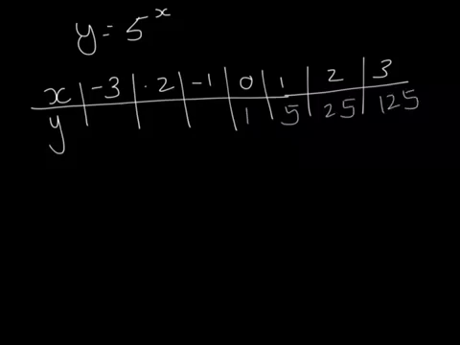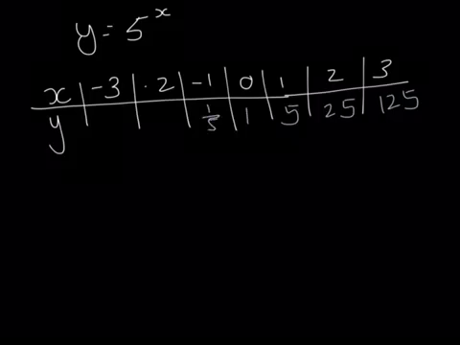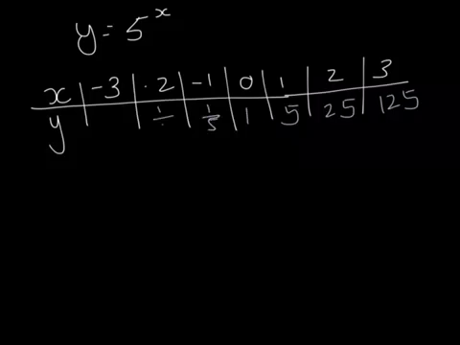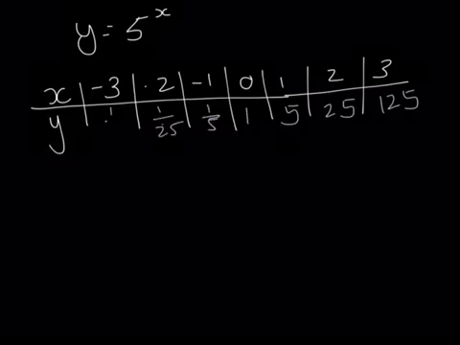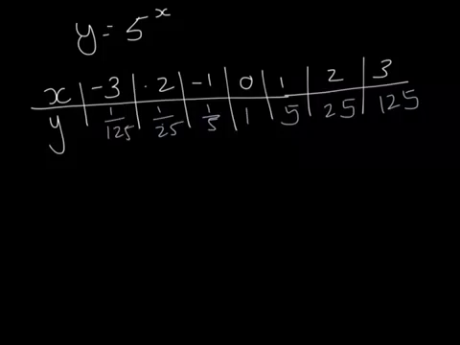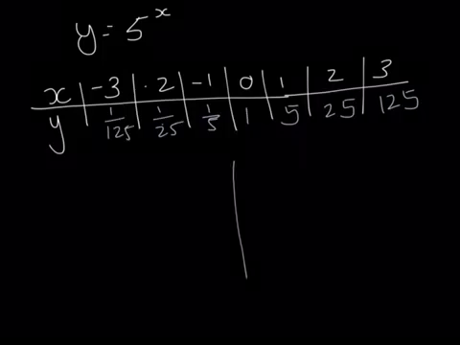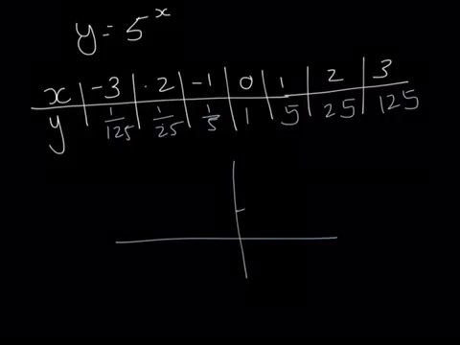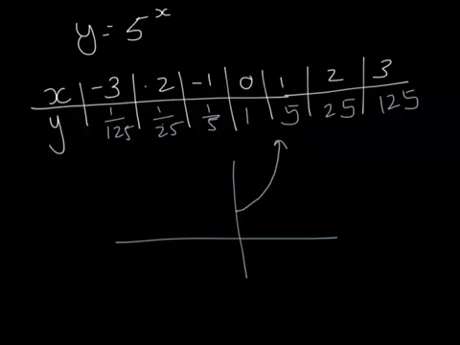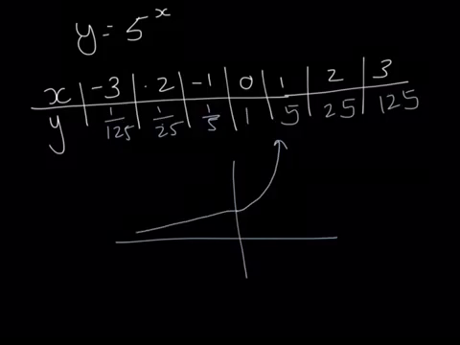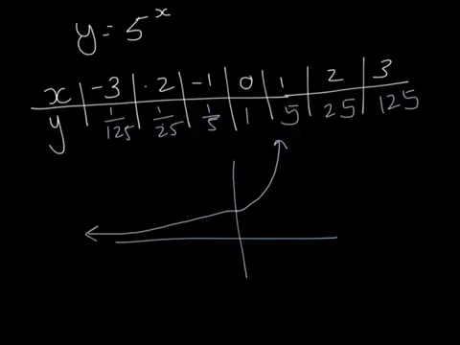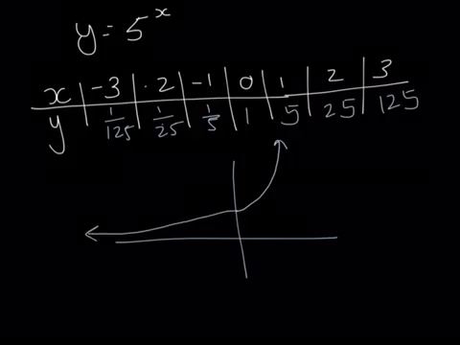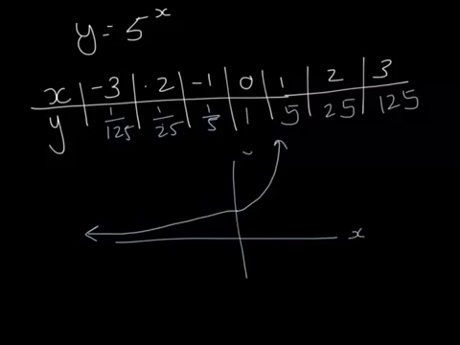And here I will have a fifth, 1 over 25, and 1 over 125. So just like my previous function, I know it will go through the point (0, 1). It will grow quite quickly, in fact much steeper than the other one. And it will tend to 0, but it will never reach 0. So there's a rough sketch of it.